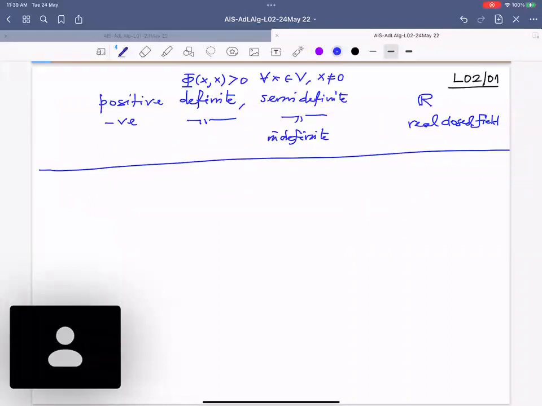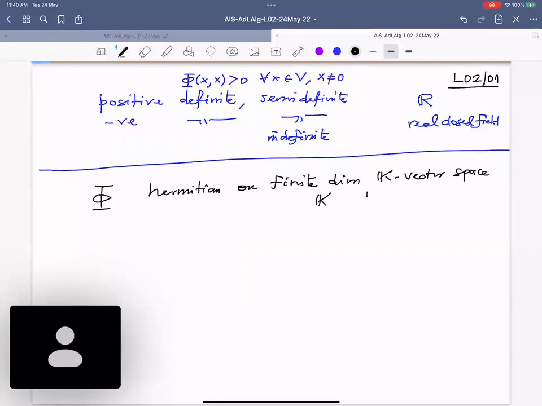So we are starting with the form phi, and I will say Hermitian, on a finite dimensional K vector space, where this K is either R or C, you take it.